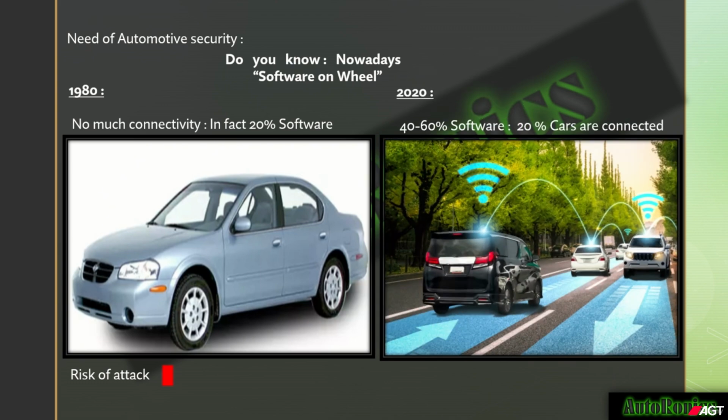But now, if you look at vehicles from 2020 onwards, almost 40 to 60 percent of the vehicle is software, and 20 percent are connected vehicles, which means the majority of functions and controls work via connected features, and the risk of attacks has really risen because of that.